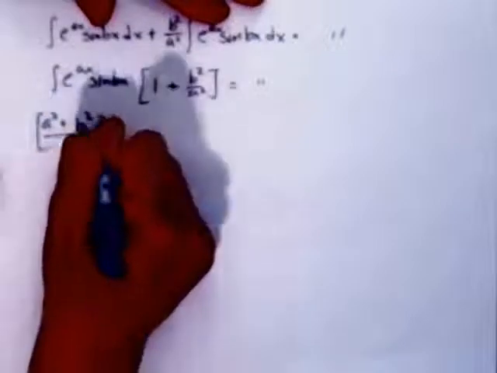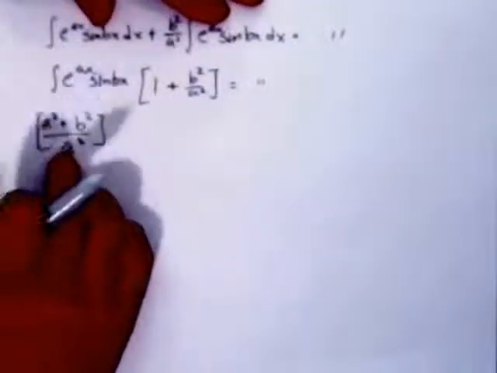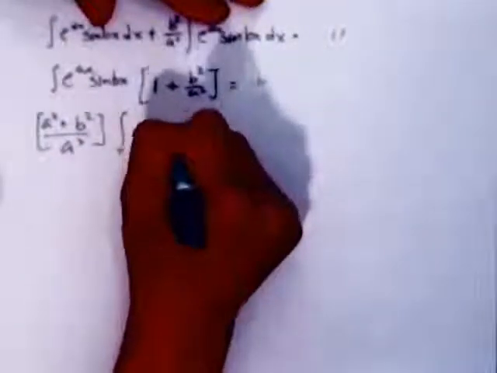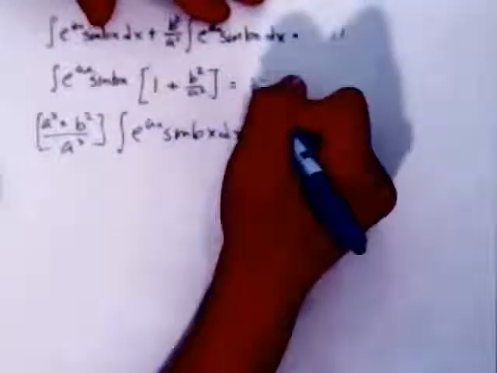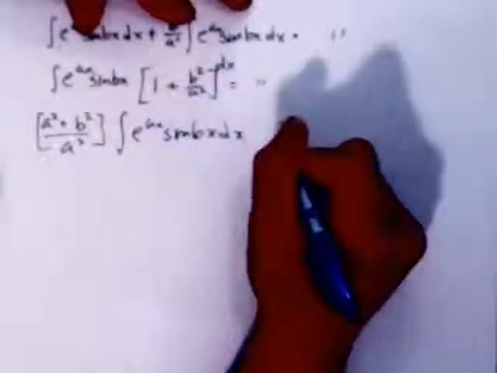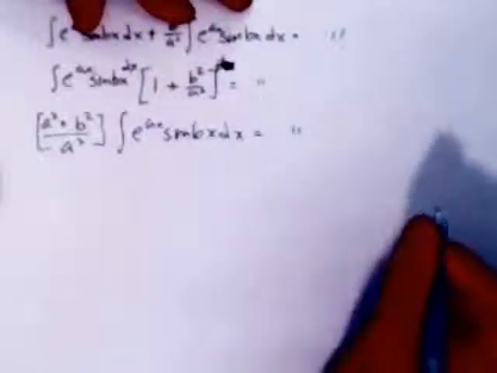That's the same thing as these two partial fractions into a single fraction, because I just put a squared over a squared times the integral of e to the ax sine of bx dx. Sorry, I had to put dx right there. Should have been over here. That's equal to the right side, whatever that right side was.